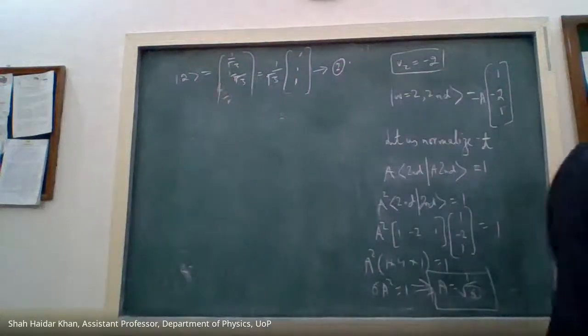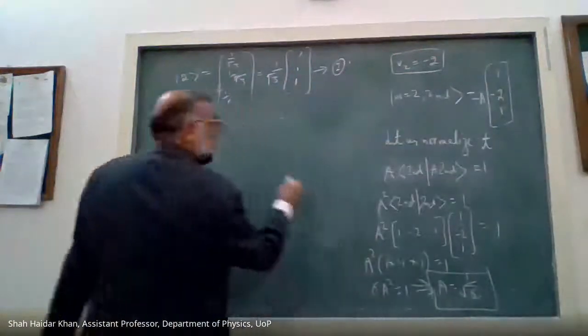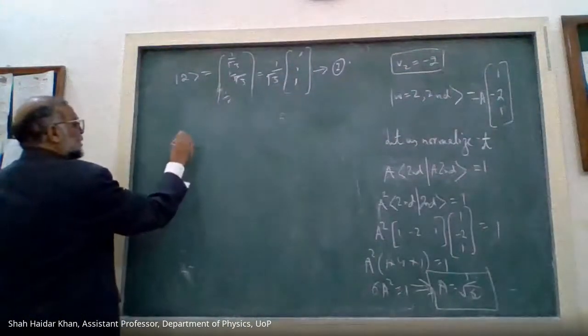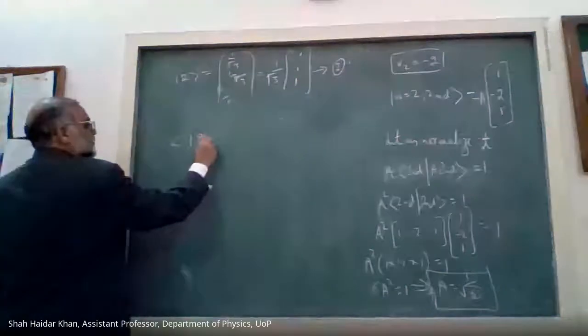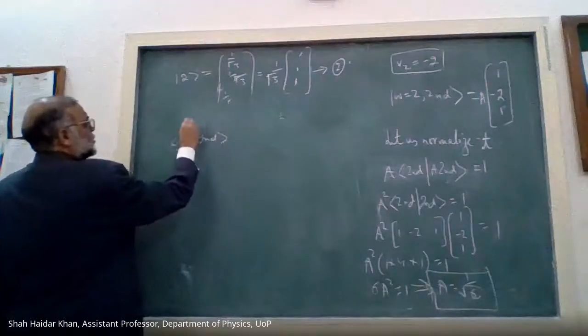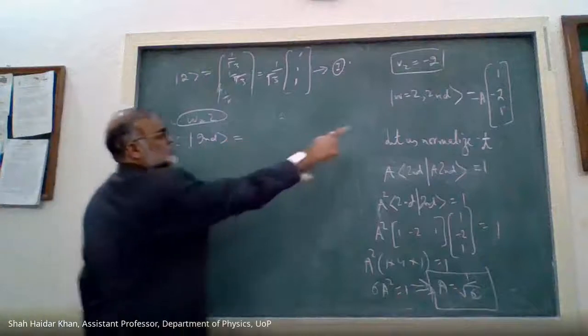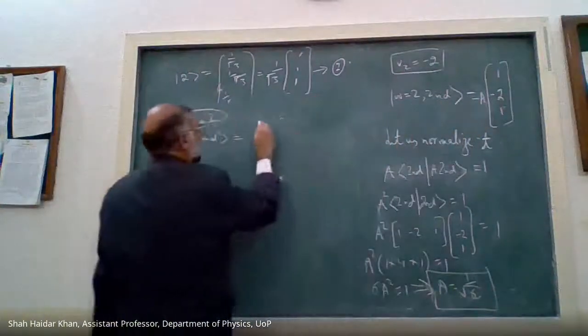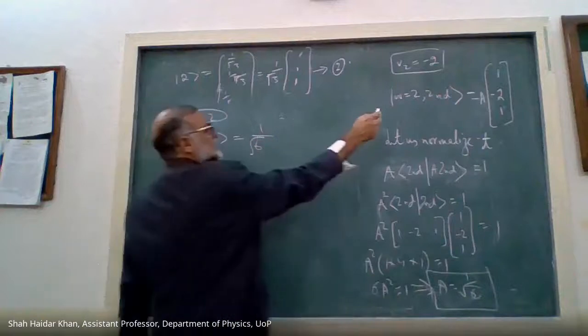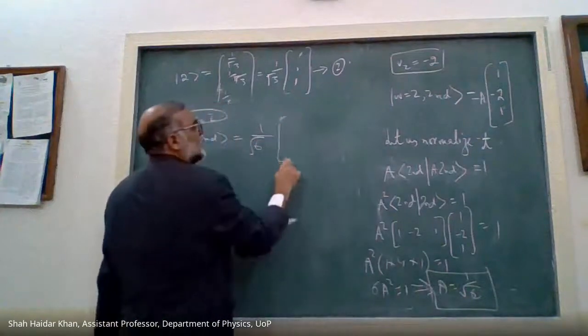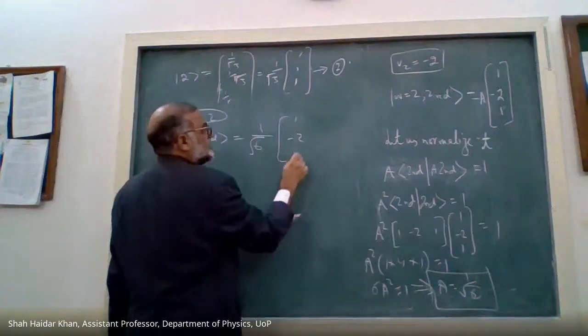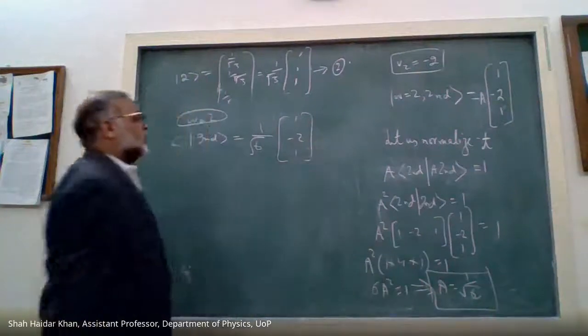So now the second vector corresponding to W is equal to 2 will be equal to, for A, I will write 1 over square root 6, and then will be 1 minus 2 and 1.